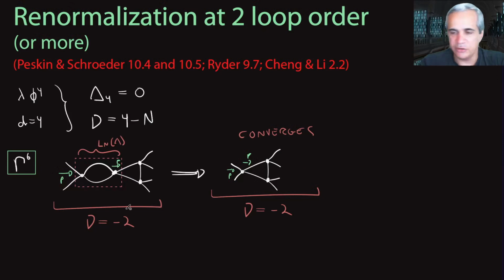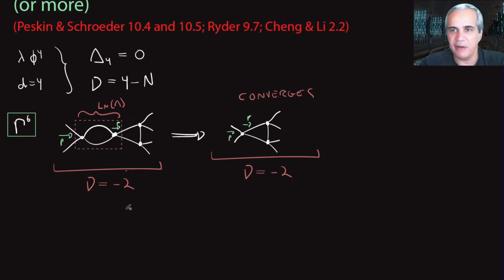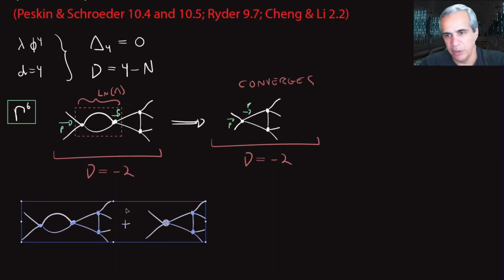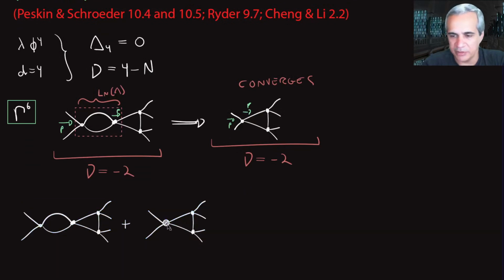And that suggests that this is very easy to remove, because you add a counter term that cancels the divergence in this one. This is just that counter term that we called delta lambda, the counter term to the 4-point function. And this will also be multiplying the rest of this diagram, which is finite, and there will be a cancellation between these 2, so this sum will be finite.